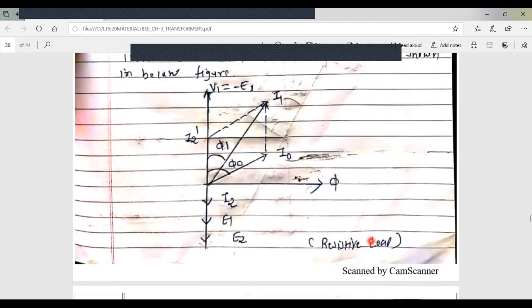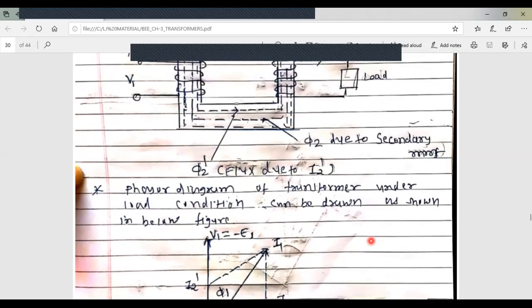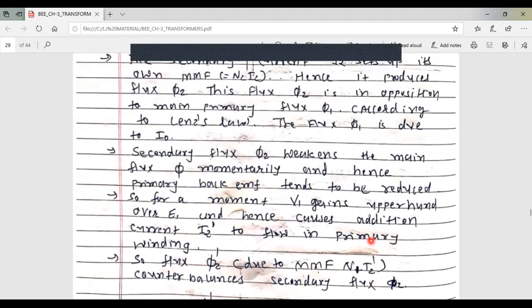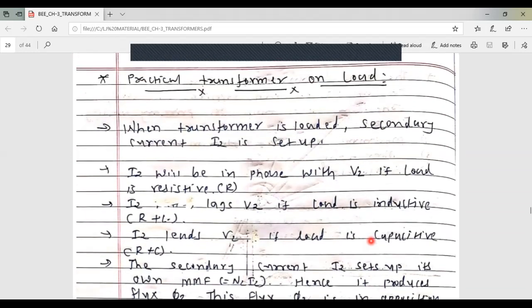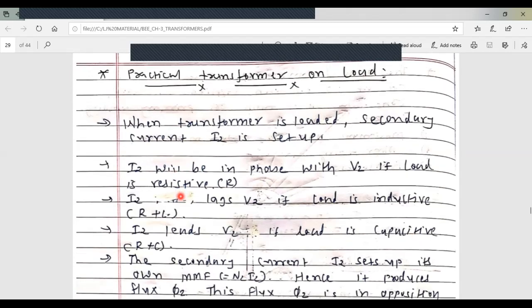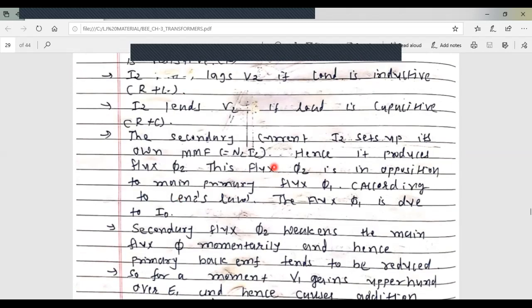So again, I revise some important aspects of the practical transformer on load condition. First of all, these are the conditions. Load is connected to the secondary. It is resistive, inductive or capacitive, depending on the load. Next, due to that I2, flux phi2 occurs in the secondary winding.